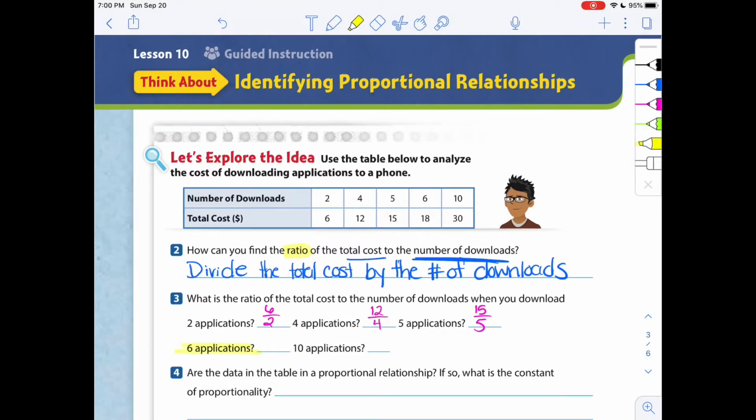Go ahead and pause the video and write your ratios for 10 applications and 6 applications. For 6 applications, the total cost is $18 for 6 apps. And for 10 apps is $30 for 10 apps.